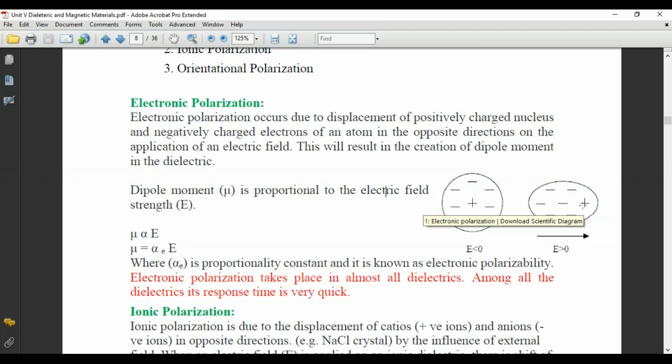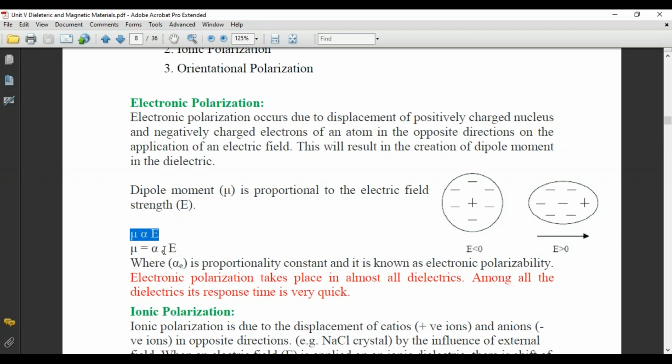The nucleus moves in the direction of the applied field and the electron cloud moves opposite to it. That process is called electronic polarization. The electronic polarization occurs in the presence of the applied electric field. That's why mu is proportional to E, where mu is the dipole moment, proportional to the applied field strength.